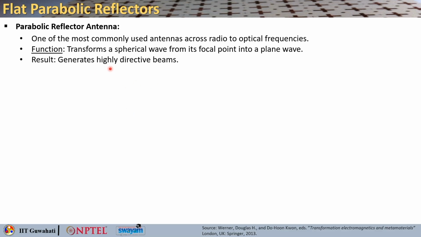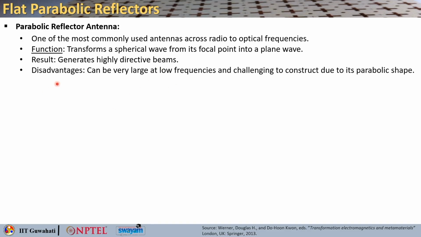So the result is that it can generate highly directive beams, and one disadvantage is that the antenna size can be really large at low frequencies, and it could be challenging to construct due to its parabolic shape, right.